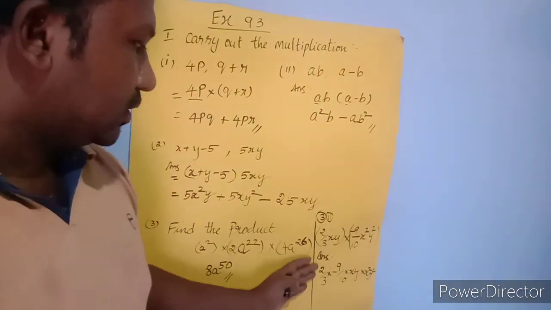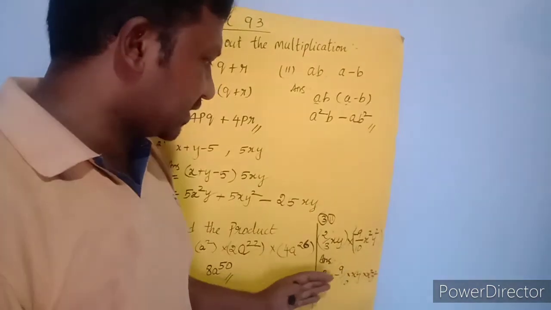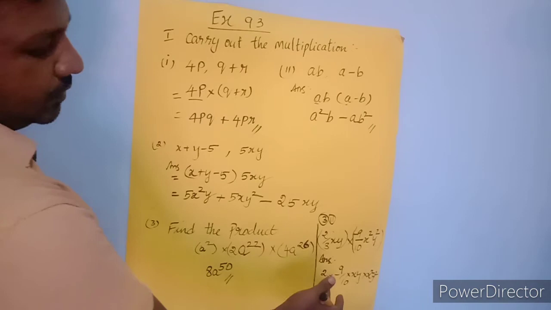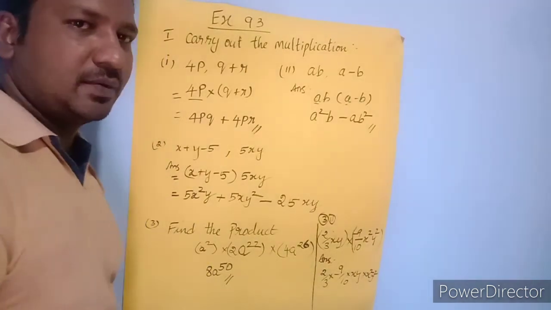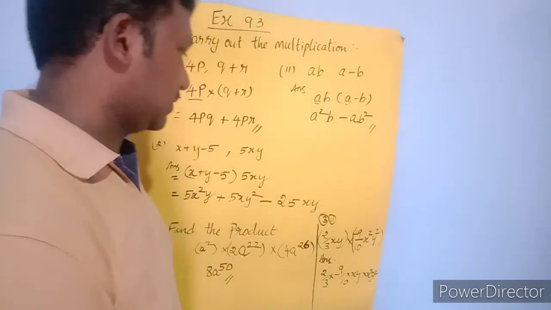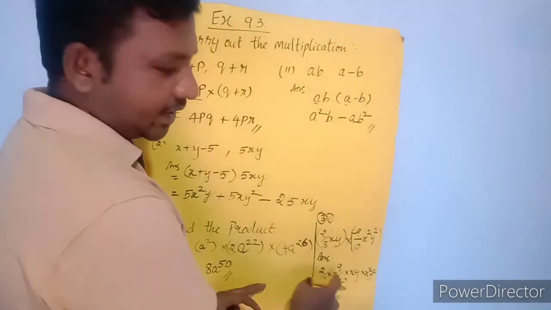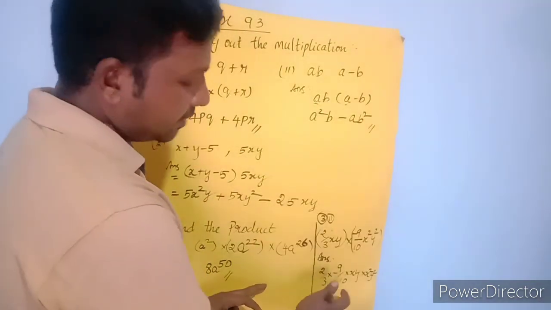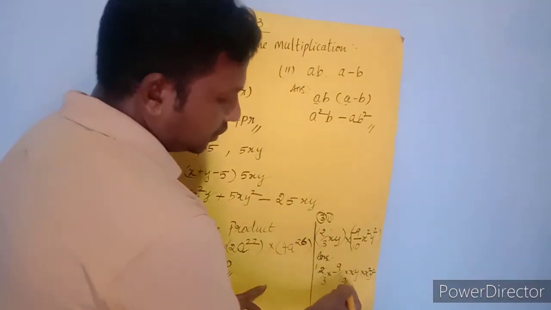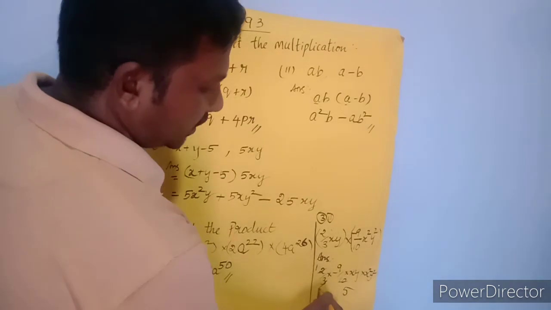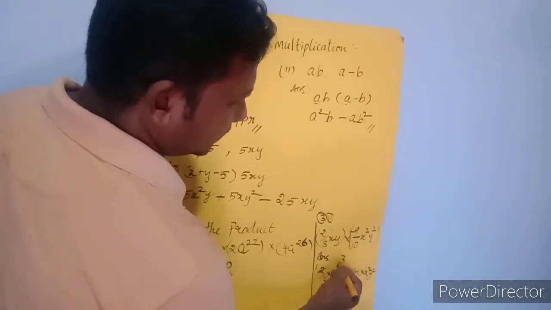Now when we are multiplying the fraction numbers, the numerator and denominator can be cancelled using the same table. See here, this numerator and this denominator come in the same table. You can cancel it. 2 fives are 10, here 3 threes are 9.